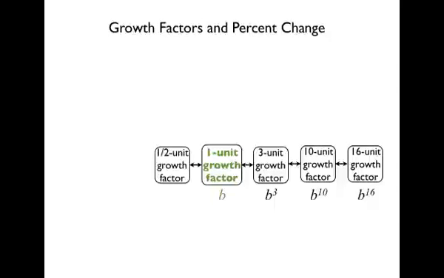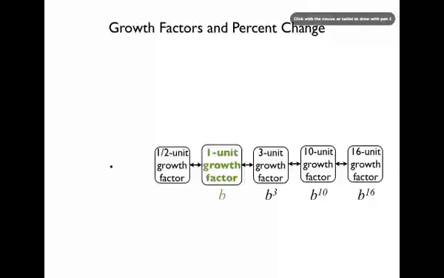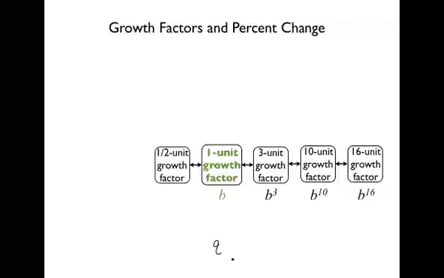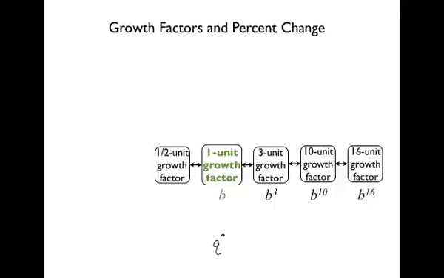How do we get the 1/2 unit growth factor? 1/2 times B, right? No, yeah, B to the 1/2. We're asking what? So call this, say Q. So if you multiplied Q together 2 times, it would be the same thing as B, right?